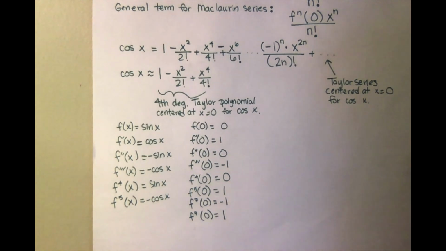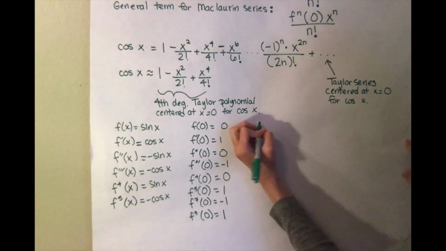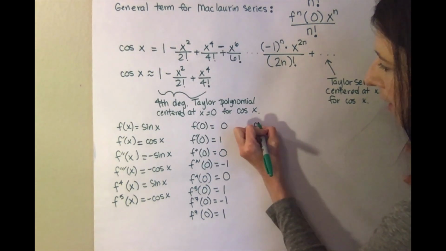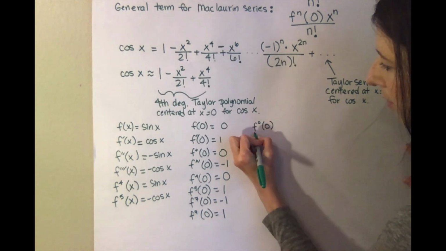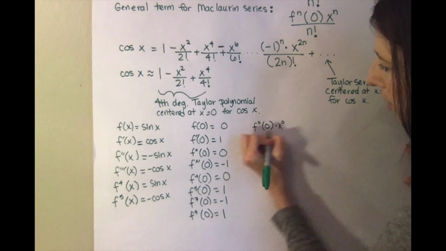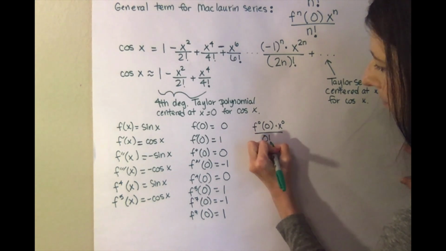So as you recall, looking up here to our general term for our Maclaurin series, we're going to formulate our series by doing the 0th derivative evaluated at 0 times x to the 0 over 0 factorial.